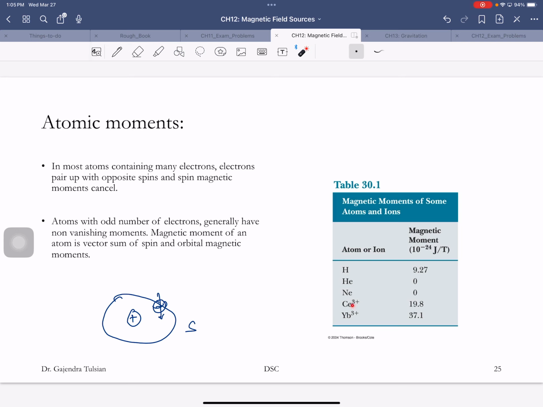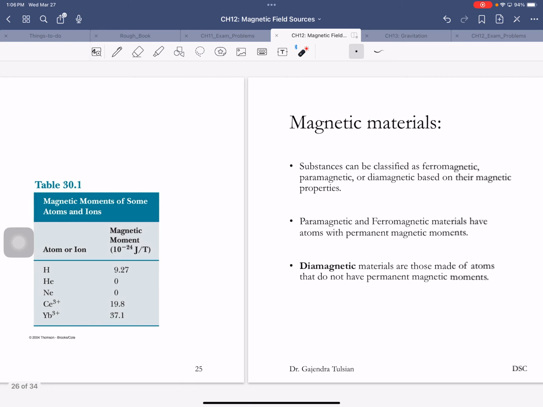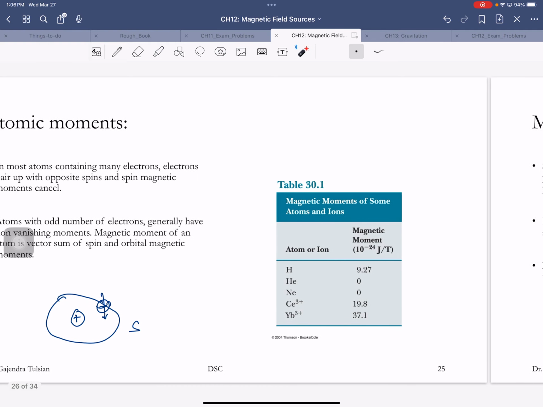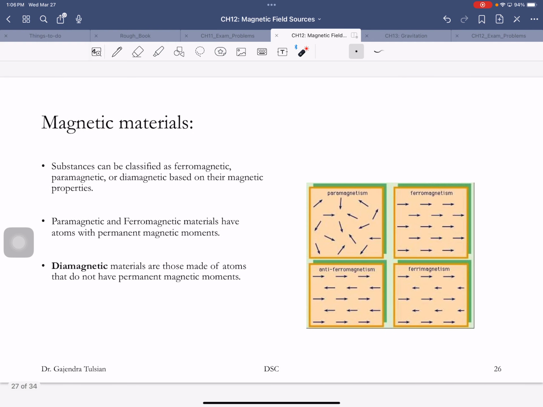So for the cesium 3 plus ion, it's twice that, meaning you have two electrons in parallel configurations. The two spins of electrons add up. Atoms with an odd number of electrons generally have non-vanishing moments. The magnetic moment of an atom is the vector sum of spin and orbital angular magnetic moments.